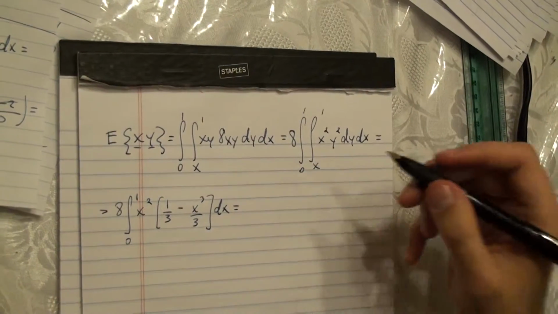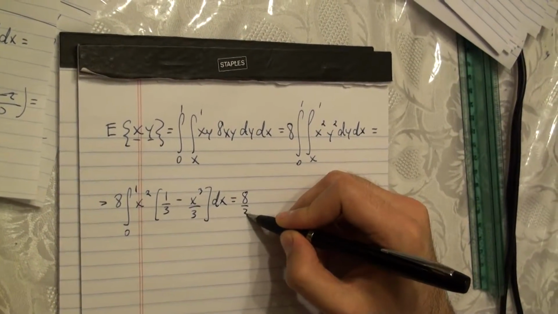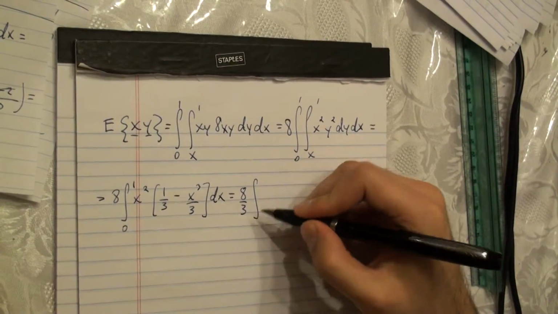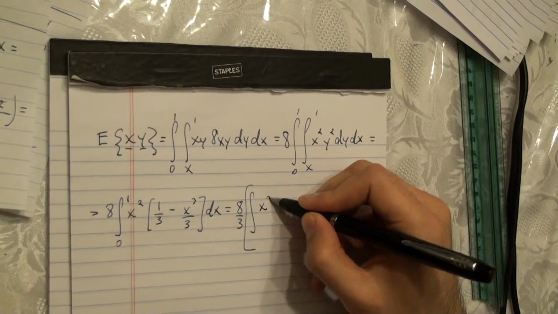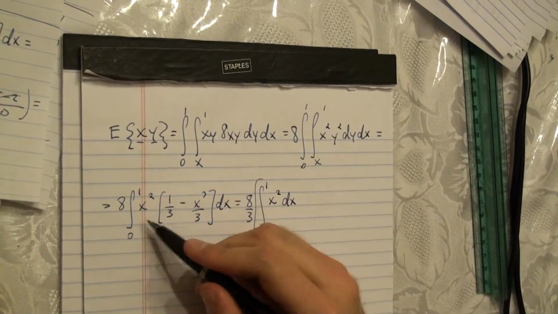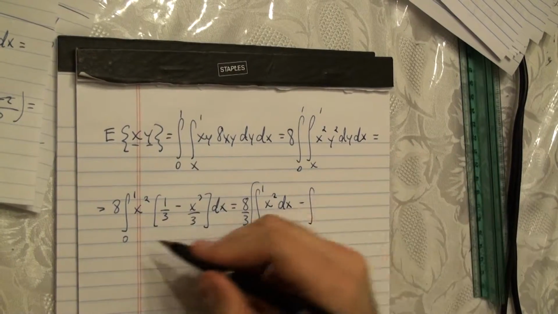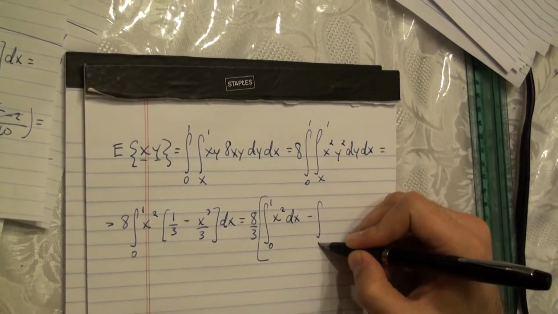This is going to equal, we can take the 1/3 common factor out, so we have 8 over 3. This is the first integral. We're going to have x squared dx from 0 to 1. Then we have minus integral x squared times x to the 3rd is x to the 5th.